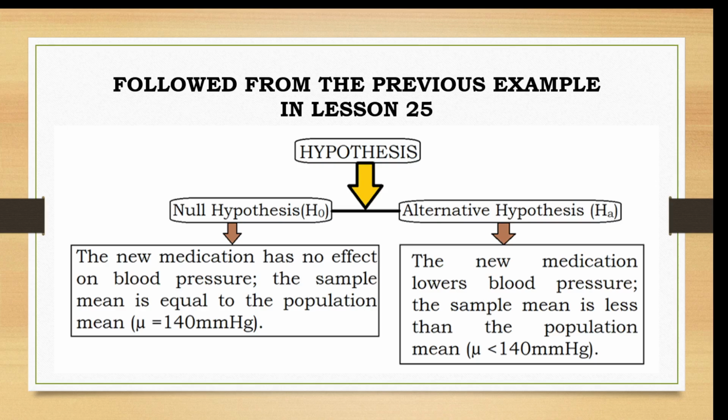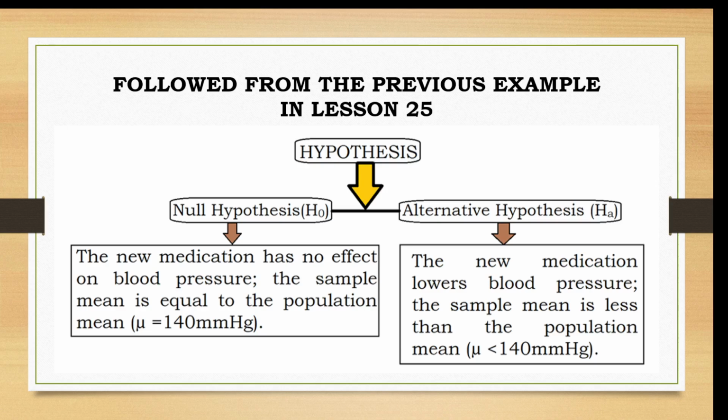The population mean is denoted by mu, which is equal to 140 millimeters of mercury. On the other hand, the alternative hypothesis states that the new medication lowers blood pressure, which means that the sample mean is less than the population mean. In this case, 140 millimeters is less than mu.